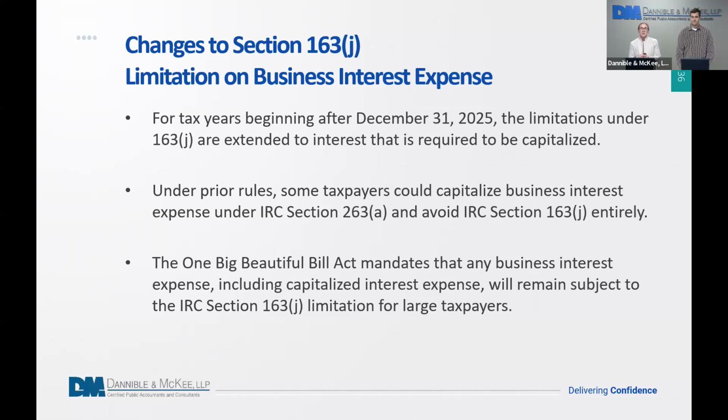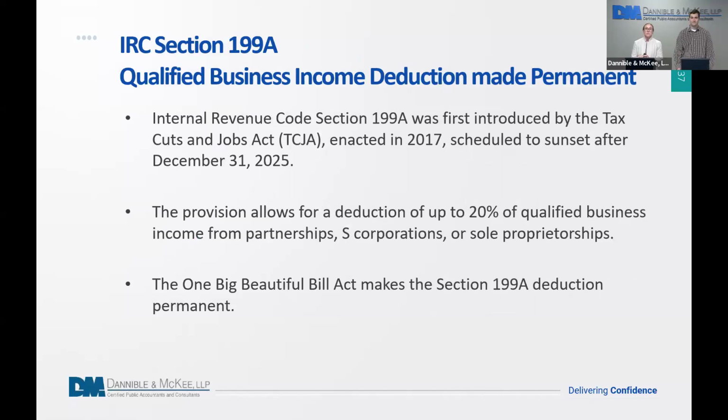But the bill did mandate that any business interest expense, including capitalized interest, will remain subject to the 163J limitations for large taxpayers. So if that was a former planning point where you had the ability to capitalize some of that business interest expense and avoid those limitations, starting in 2026, all interest expense is going to be looked at when determining the 163J limitation.